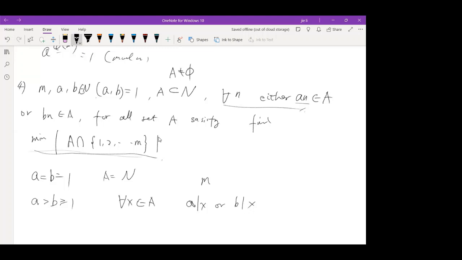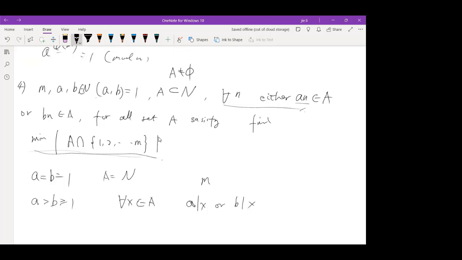Okay. So next, let's think about it. The all multiples of this. All the numbers are multiples of a or multiples of b.